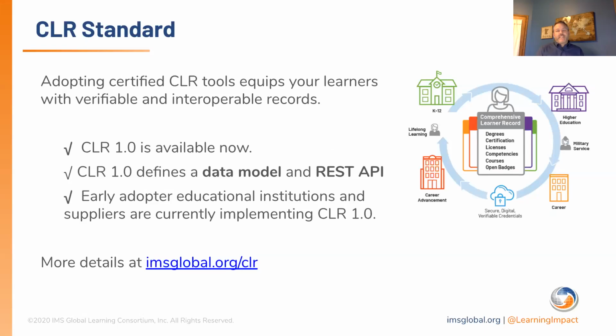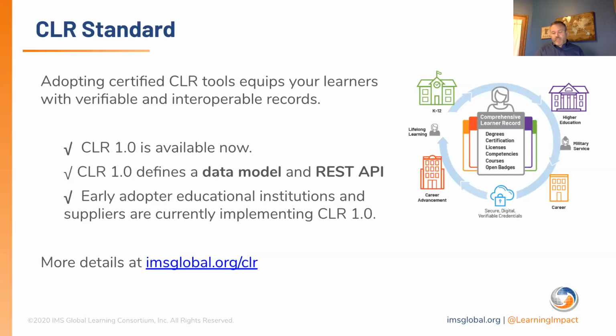So the current status of the Comprehensive Learner Record 1.0 standard is that it is published. It's publicly available now. We have a wave of early adopters currently implementing this standard into their platforms, and we'll talk about that in just a moment.